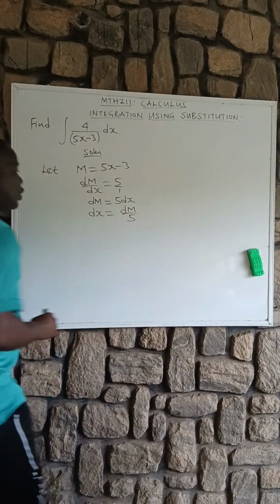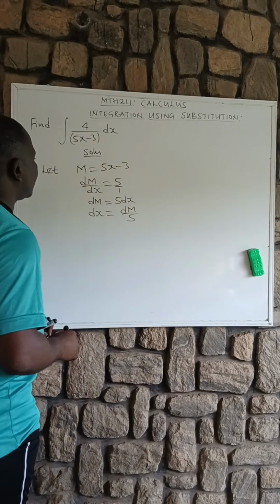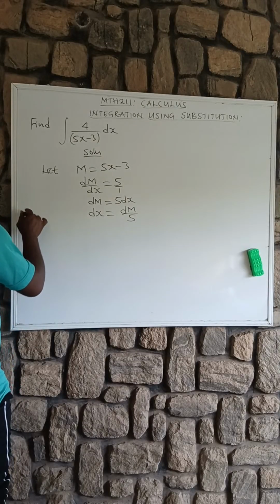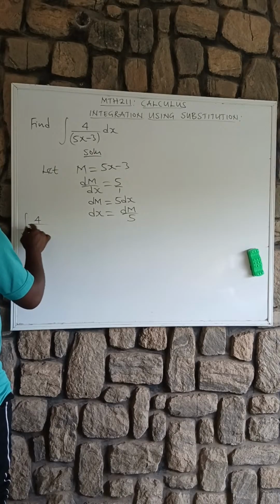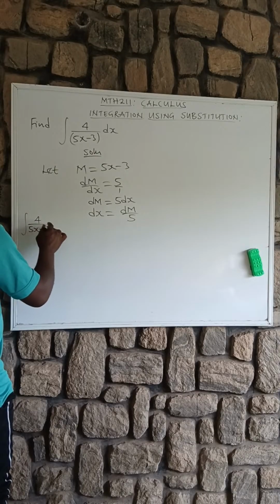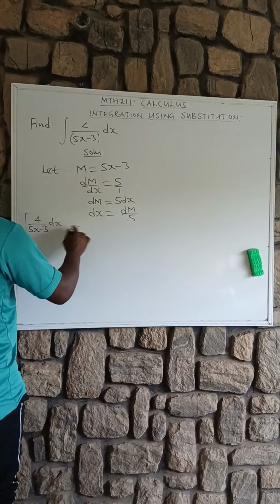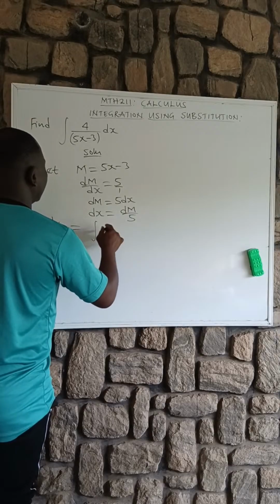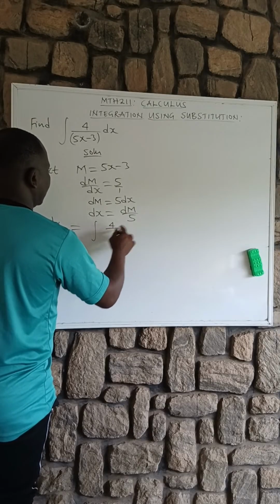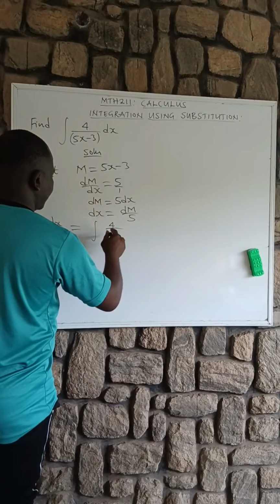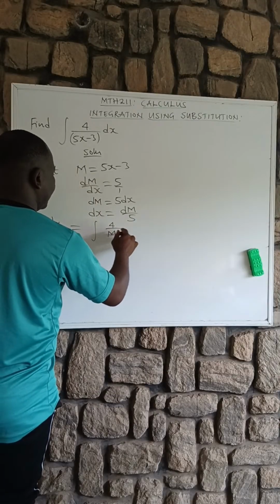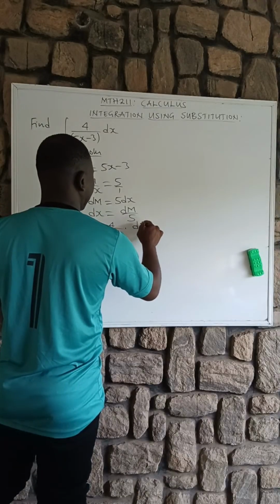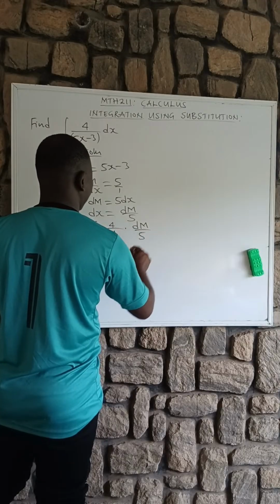5, right? Do you agree with me? Okay. So if you agree with me, this implies that our integral 4 all over 5x minus 3 dx will now be equal to integral 4 all over m times, what is our dx? dx is dm all over what? 5.